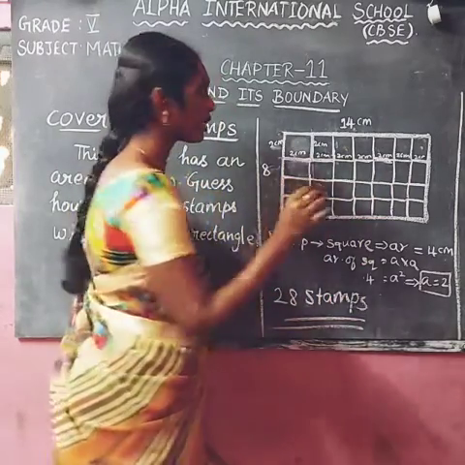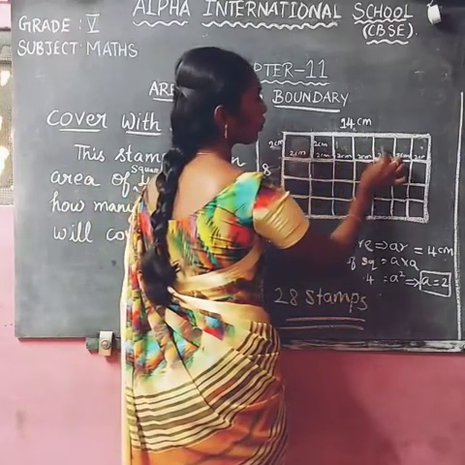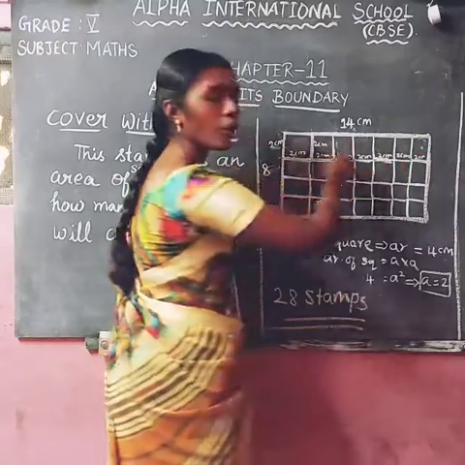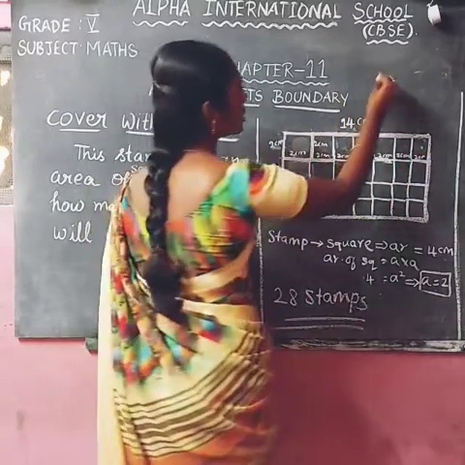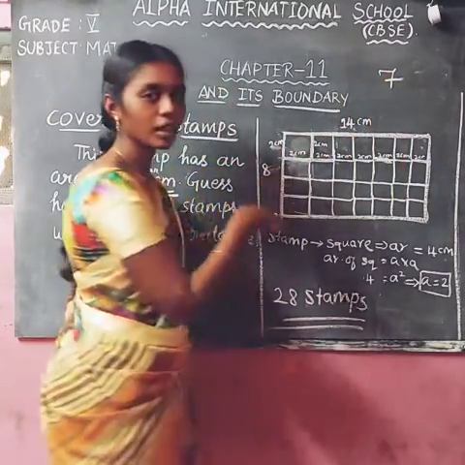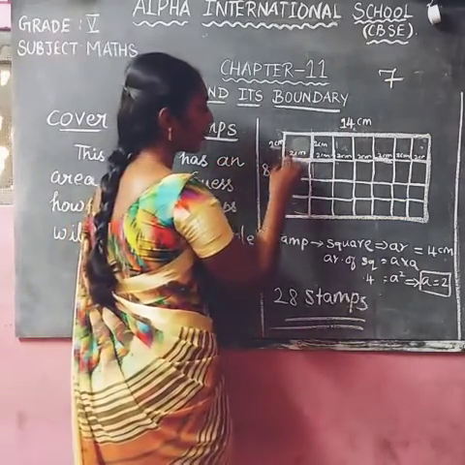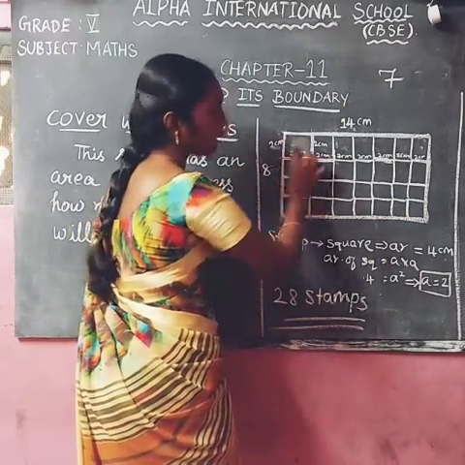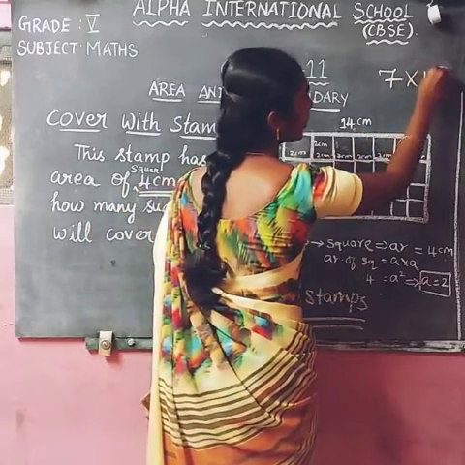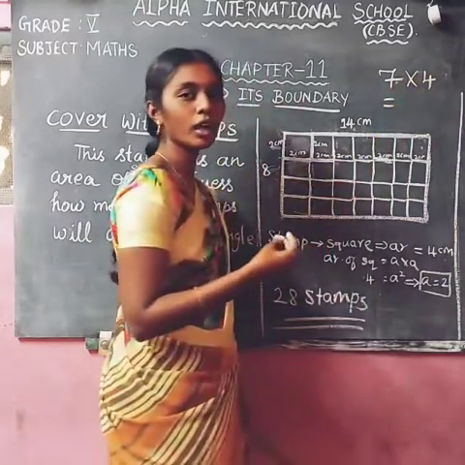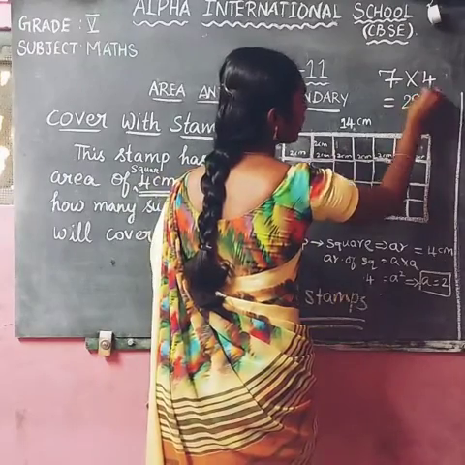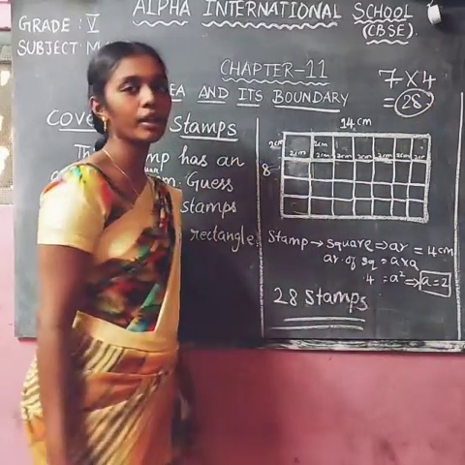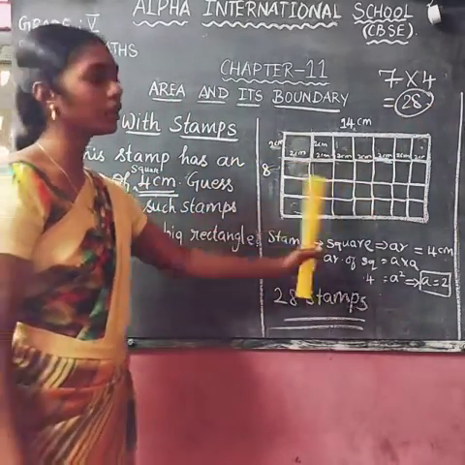See here, 1, 2, 3, 4, 5, 6, 7. So totally how many boxes are on the length side? 7. Yes. How many squares are on the breadth side? 1, 2, 3, 4, no? So you simply count the breadth side and length side and multiply. So 7 into 4, 7 fours are 28. So 28 squares are required to fill the full rectangle.